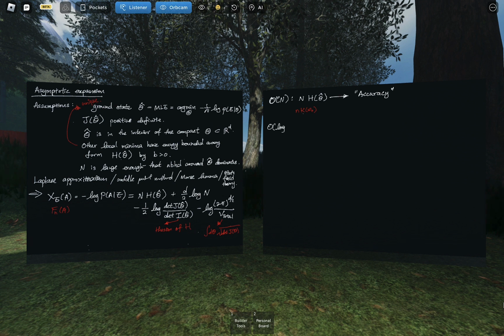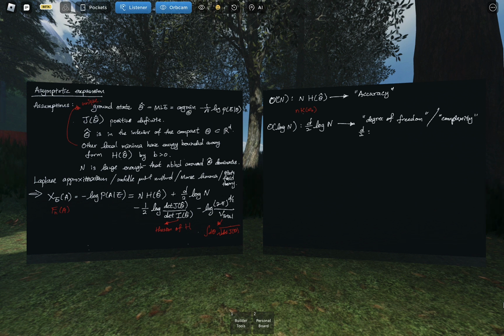Okay, the order log n term. Well, it's d over 2 log n. So putting on the statistical physics hat, this is degrees of freedom. Or in the statistical learning hat, that's the model complexity, well, for a regular model.